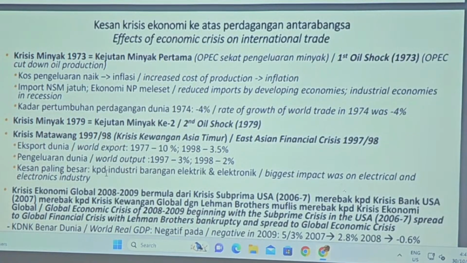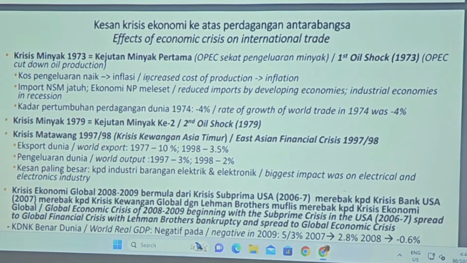Our last slide in this chapter: effects of economic crisis on international trade. First oil shock: OPEC cut down oil production, and so increased production cost, which led to inflation. Why? There was a war in the Middle East between the Arabs and the Zionist regime.